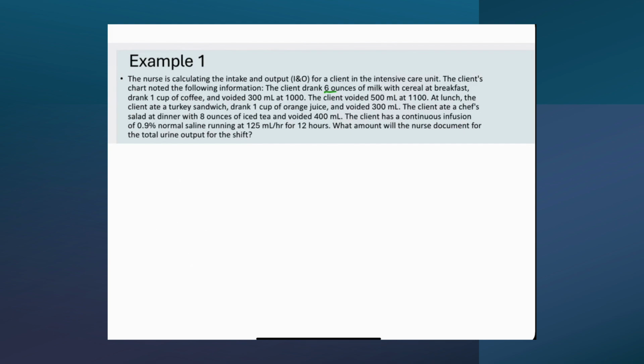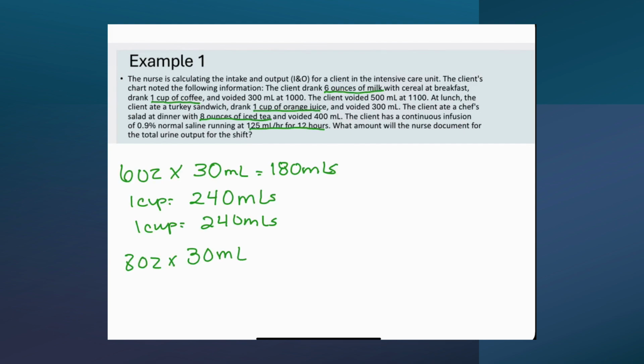Next, the client also had another cup of orange juice, so we would do the same. 1 cup is 240 mLs. Then the client had 8 ounces of iced tea, and we know that there are 30 mLs in an ounce, so we convert that over and we get 240 mLs.